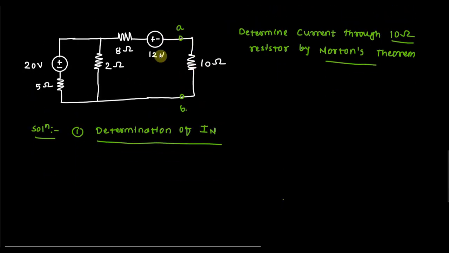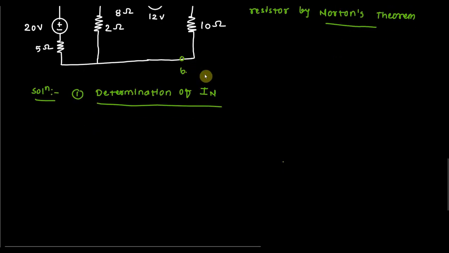The load terminal is that terminal where the current is asked. Here the current is asked through the 10 ohm resistance, so definitely this point AB that I have given is the load terminal. So what do we have to do? Short circuit that load terminal. For that I will draw this diagram so that it will be clear.